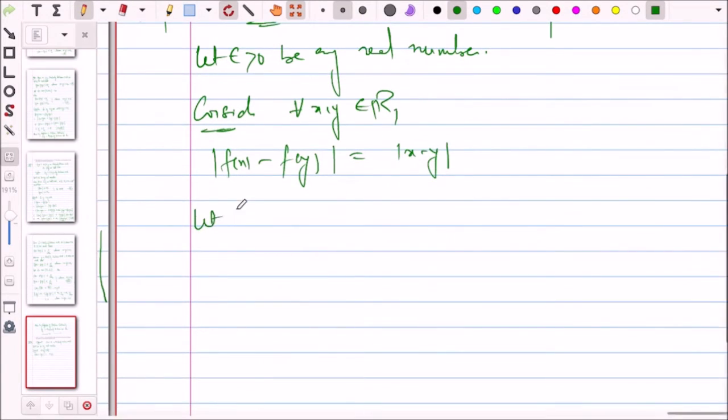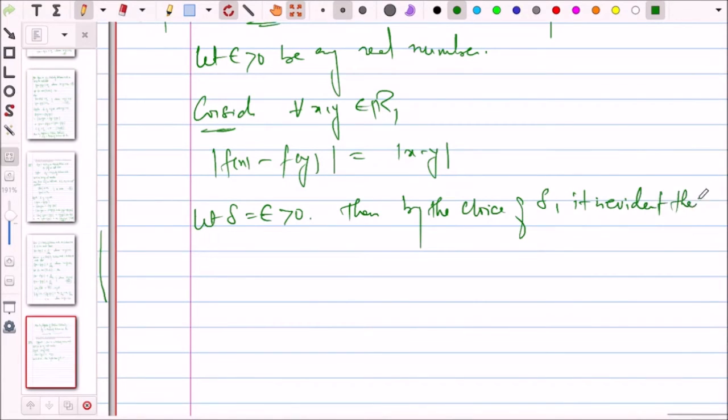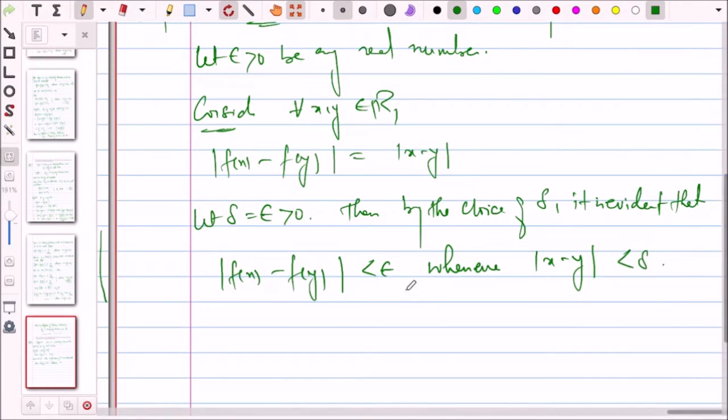So let delta equal epsilon greater than 0. Then by the choice of delta, it is evident that |f(x) - f(y)| is less than epsilon whenever |x - y| is less than delta.